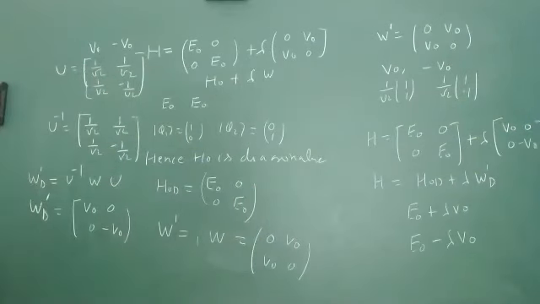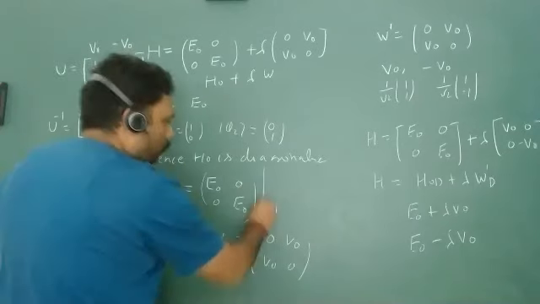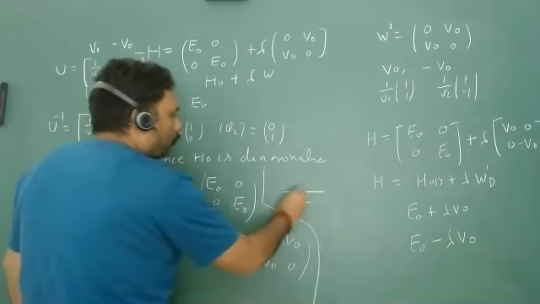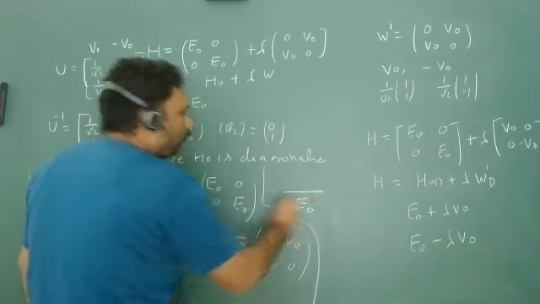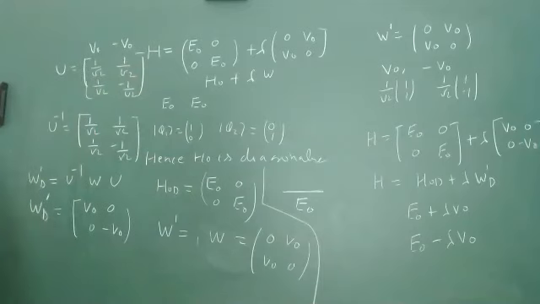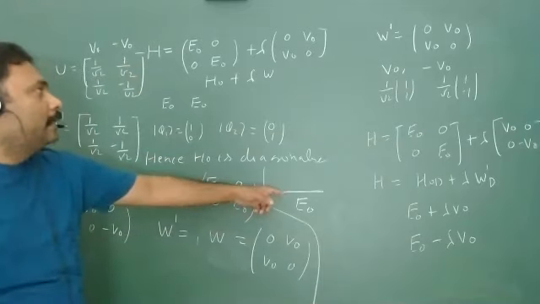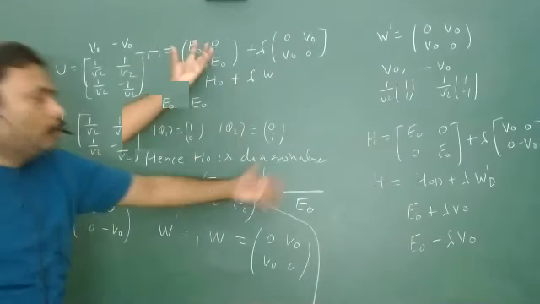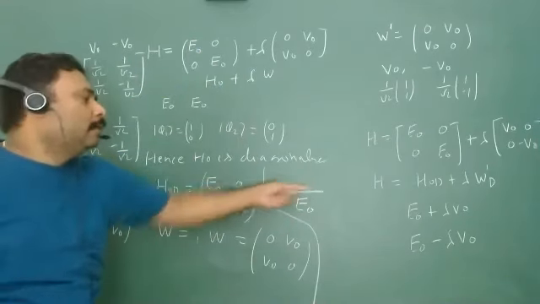So what is going to happen? What is the physics behind this? The physics is very interesting. Before the perturbation, you have only the eigenvalue E naught, but this is basically E naught occurring twice, though you see only one E naught.